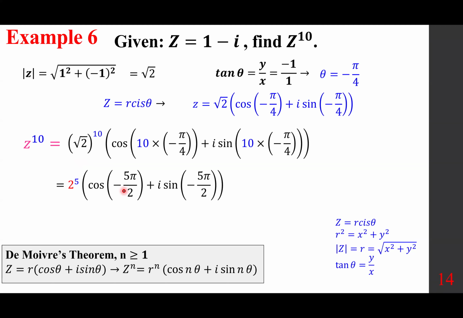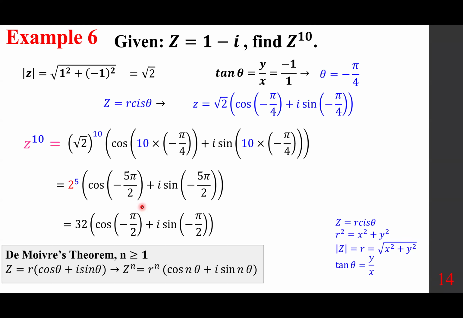Now, minus 5 pi over 2 is the same as minus 4 pi over 2 and minus pi over 2. You can drop the minus 4 pi over 2 and make it minus pi over 2. So these two are the same. Or you can add 2 pi and another 2 pi if you want.